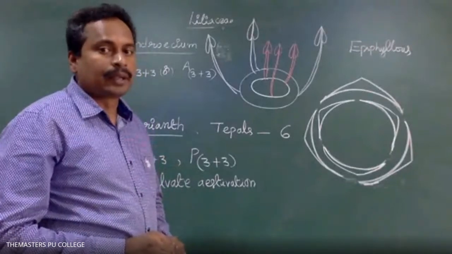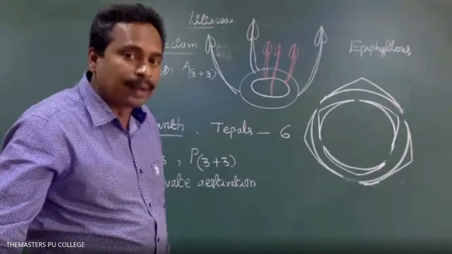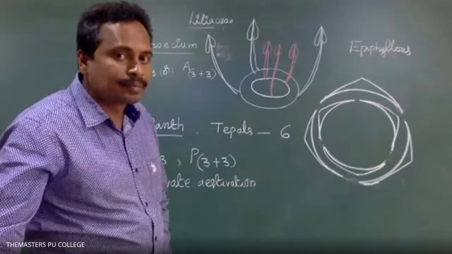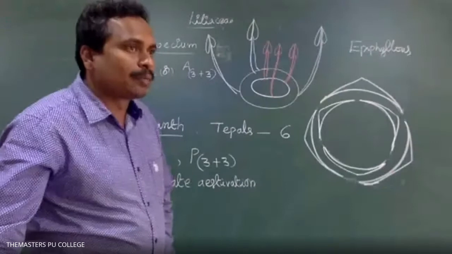Okay, is it clear? Sir, in epiphyllous, how many whorls will be there? Is there any separate whorl for the stamens or androecium? The androecium varies depending upon the plants.